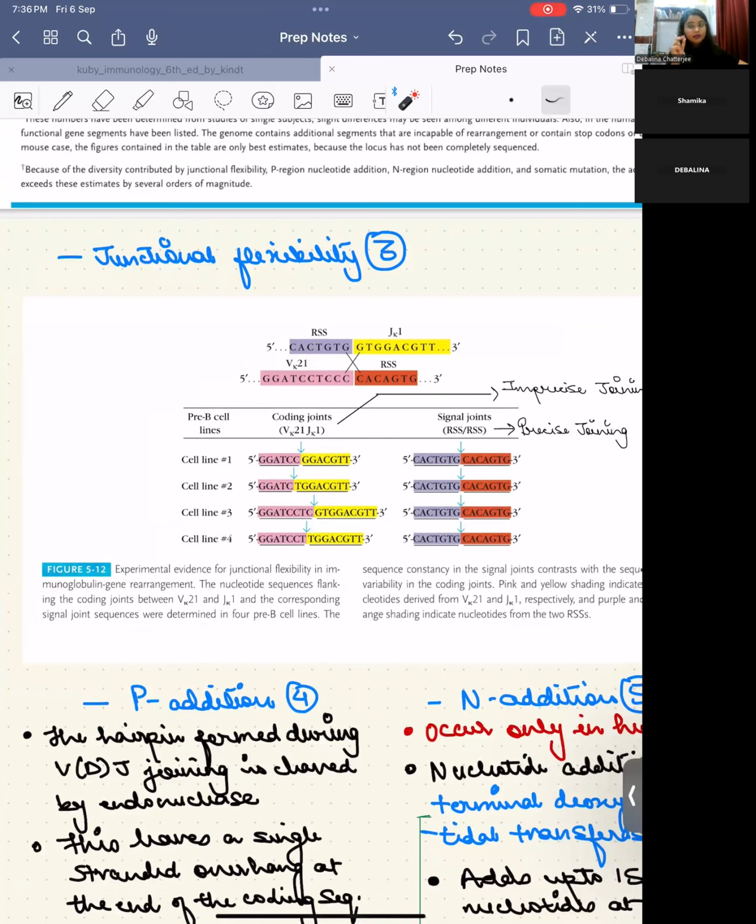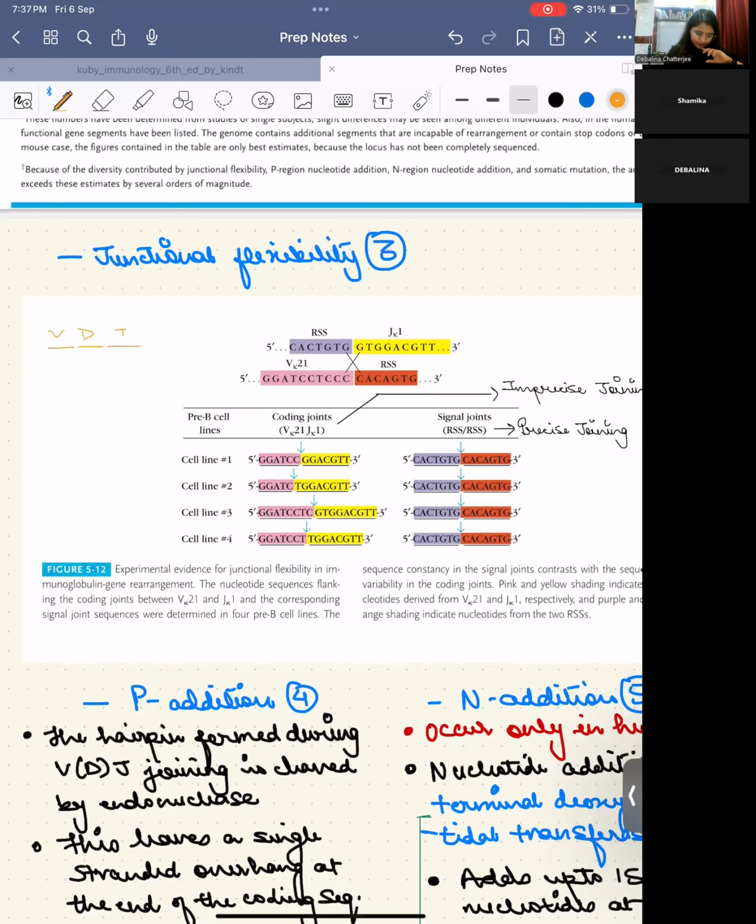Those are hypervariable because those are actually the regions of coding joints. Coming from these V, D and J segments, this thing is the coding joint that has formed between successive segments.